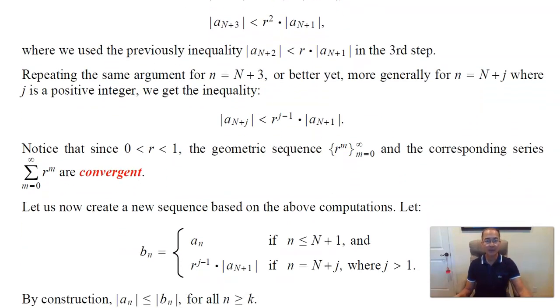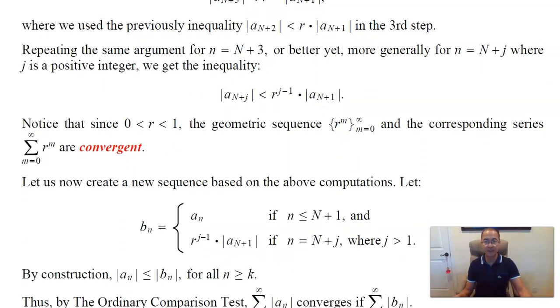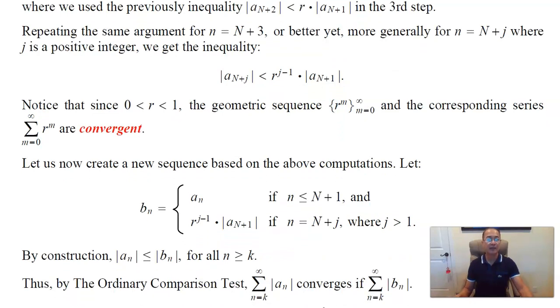Okay, so we're going to bring the geometric series in, and we're going to construct a new sequence based on the old one, where up to a_{N+1}, we're simply going to use the same terms of the original series, but we are going to use this term, because |a_{N+j}| is smaller than r to the j minus 1 times |a_{N+1}|, for all the terms from N plus 1 and beyond, rather.